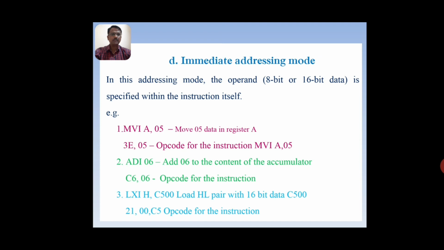So the first byte 21 tells the operation to be performed, 00 is the lower 8 bits of data, and C5 is the higher 8 bits of data. So in immediate addressing mode, the operand, which may be 8-bit or 16-bit data, is specified within the instruction itself.